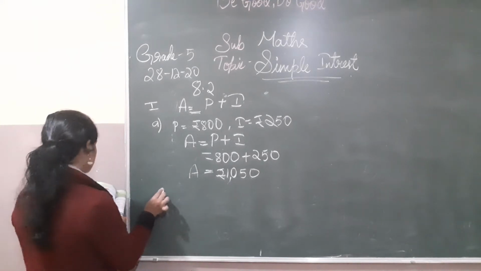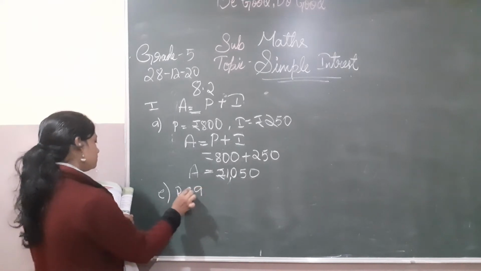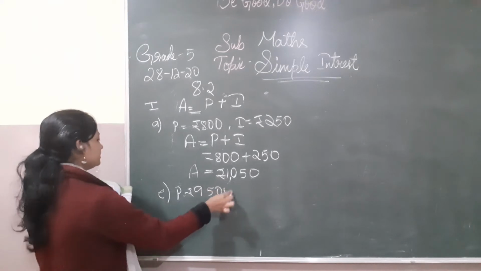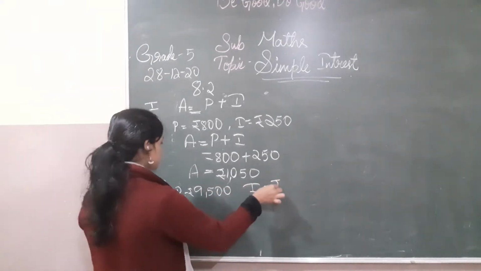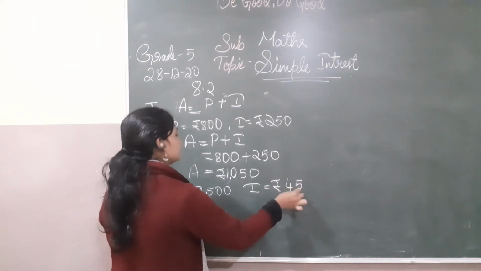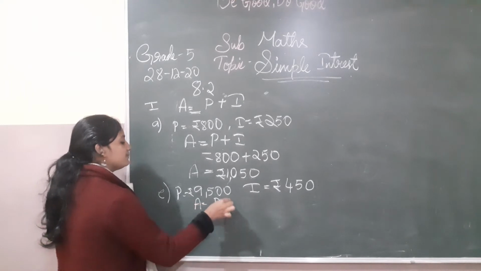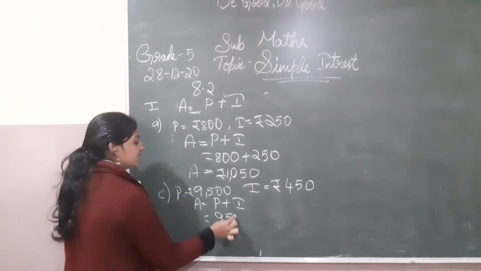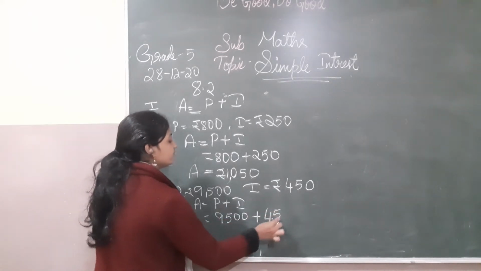I am going to take the fifth one now, where P is equal to rupees 9500, where our interest is equal to rupees 450. So first write the formula. A is equal to P plus I, where P is 9500 plus I is 450.